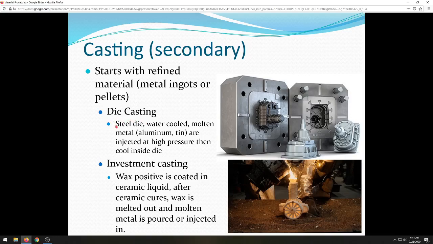So usually with die casting metal, you start with a steel die. It's water cooled, so running through this mold here would be jets of water and things like that. And then we inject the molten metal, so aluminum or tin or something like that.